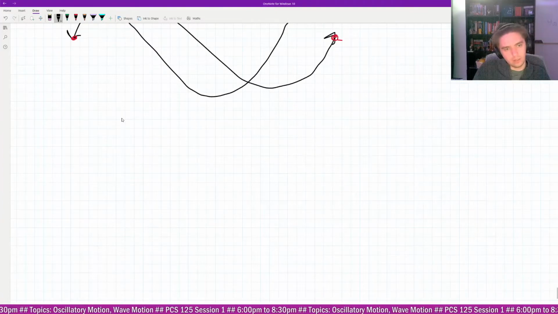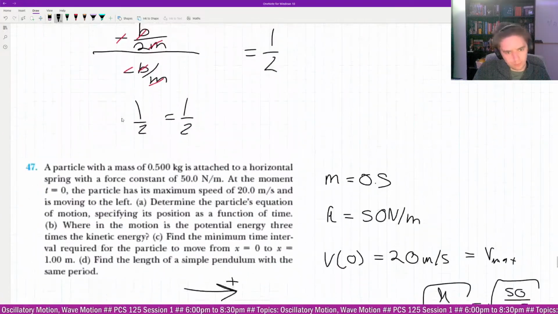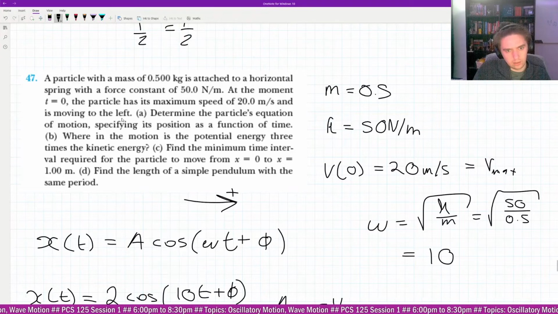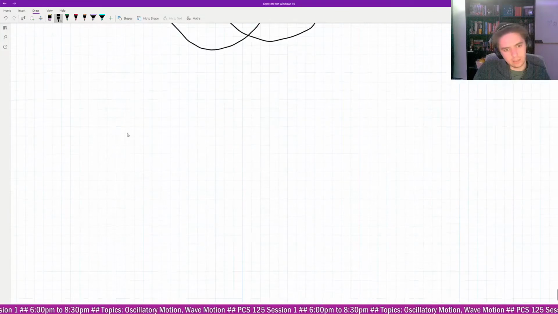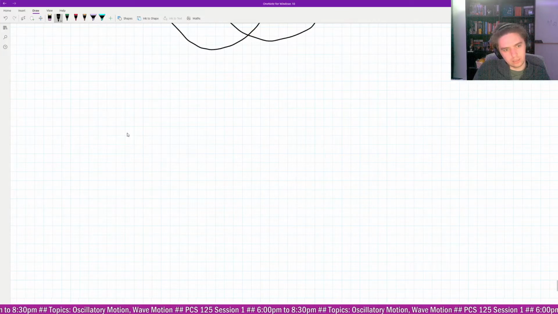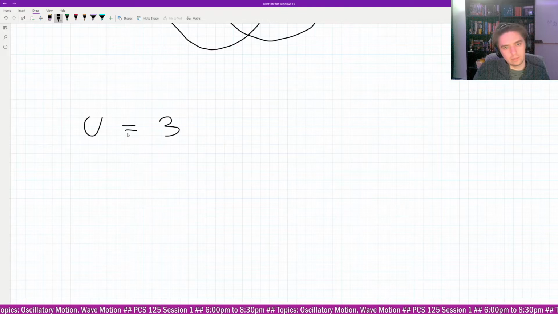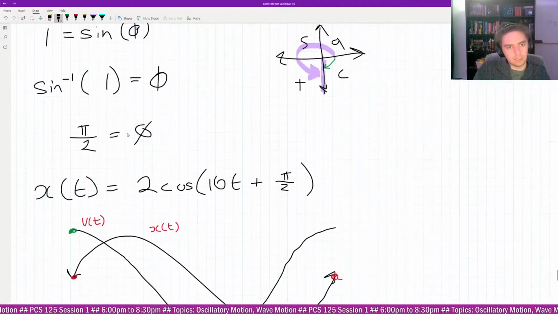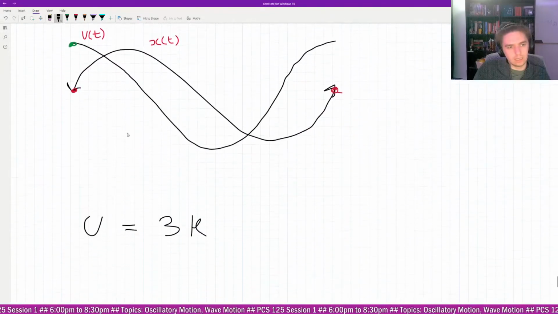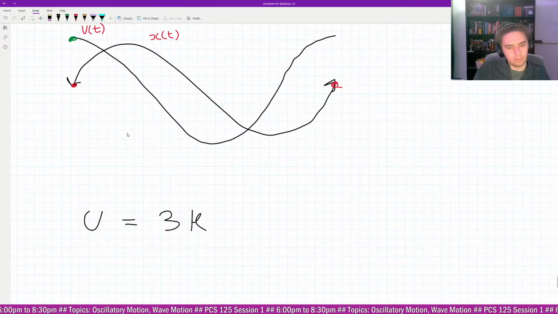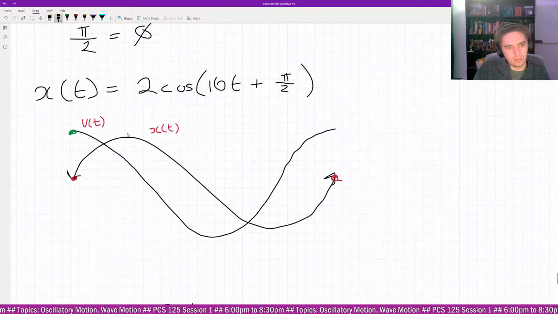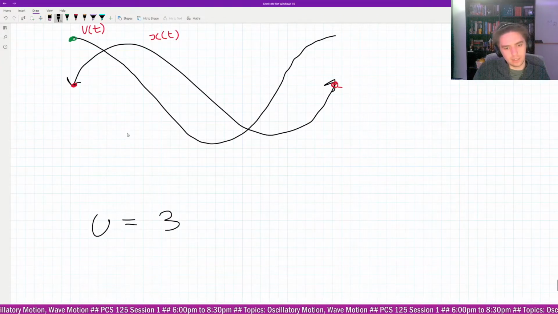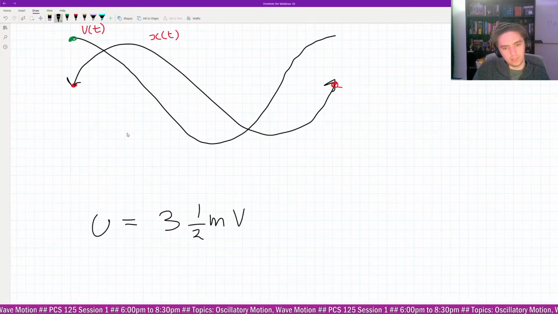So we want to know where in the motion the potential energy is 3 times the kinetic energy. So the potential energy, I'll say U, equals 3 times the kinetic energy. U as a function of the position: the kinetic energy is 1/2 m v of t squared, right?